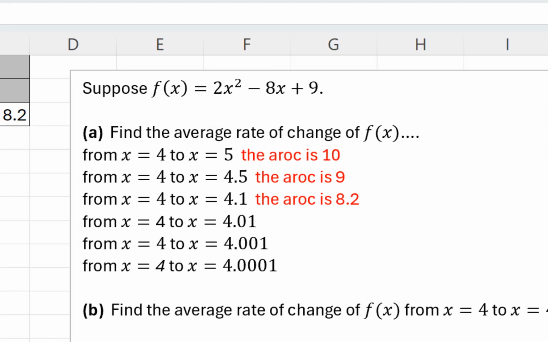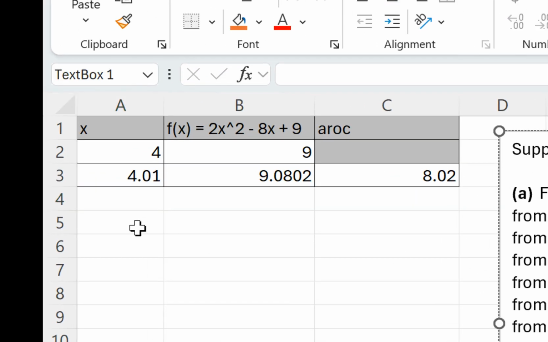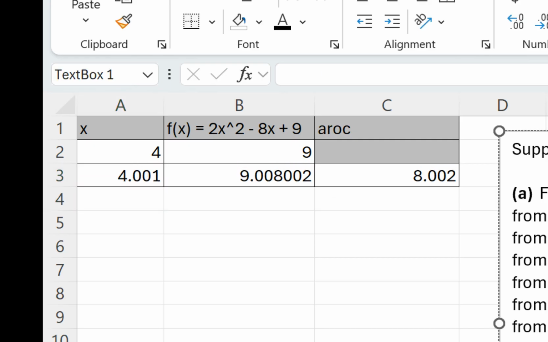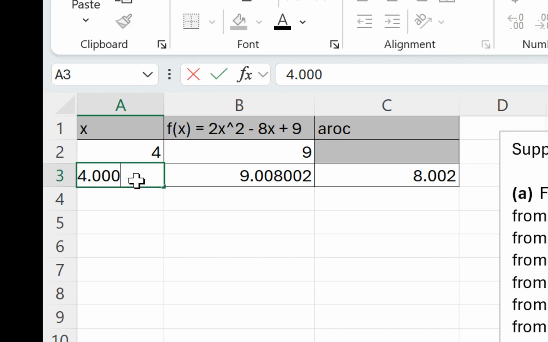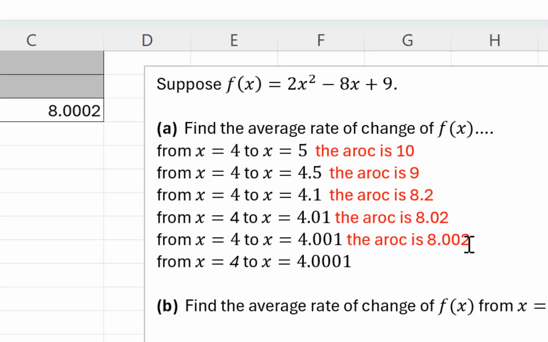When I change it to 4.01, it's 8.02. When I change it to 4.001, it's 8.002. And I bet if you had to guess, you could figure out what the next one's going to be. When I change the x to 4.0001, the average rate of change is 8.0002.